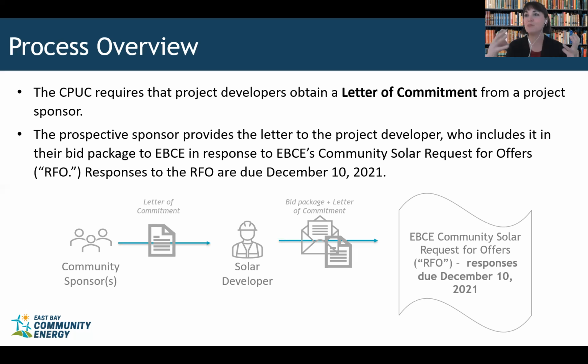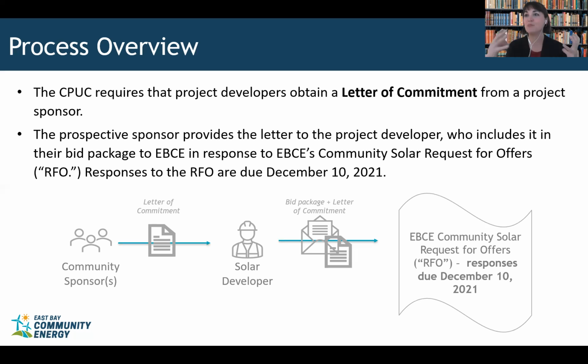As I mentioned, this is all part of a competitive bid process called an RFO, which means what we will do on our end at EBCE is look at all of the bids we receive and evaluate them. As part of that evaluation, we will take the strength of community sponsors' letters into consideration.